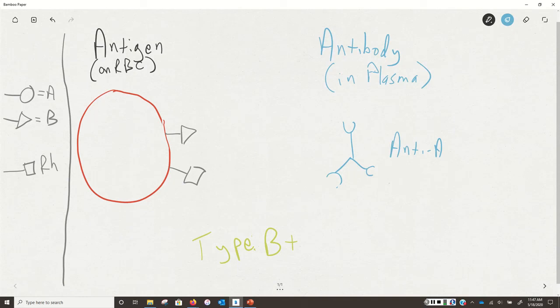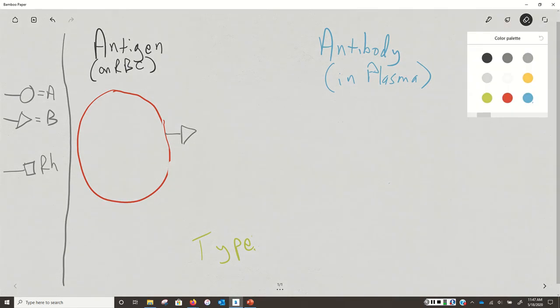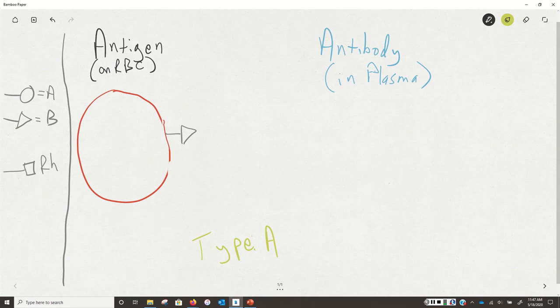But let's look at the one time that it gets a little bit tricky. Let's say we look at someone and they have the B antigen but nothing else. Well, if we're talking about the ABO blood group and the Rh blood group, this person would be B. I apologize for that.